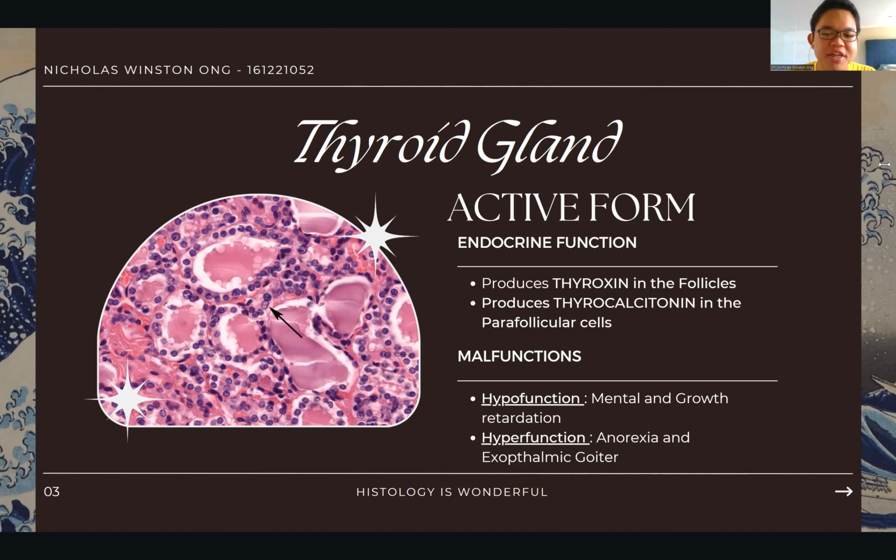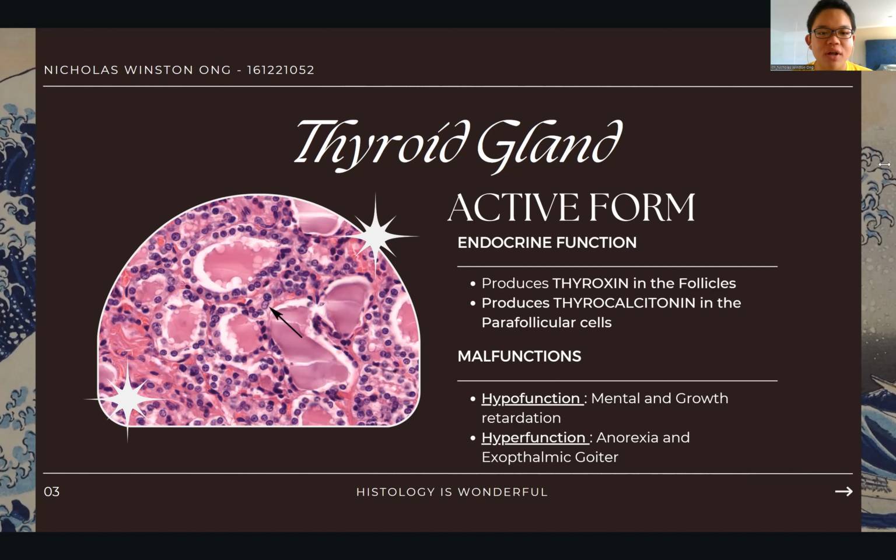The thyroid gland may malfunction, either through hyperfunction or hypofunction. When the thyroid gland is hypofunctioning, it will produce less thyroxine. Less thyroxine means less cellular growth and less cellular metabolism. When this happens in the cells of the central nervous system, it results in mental retardation.